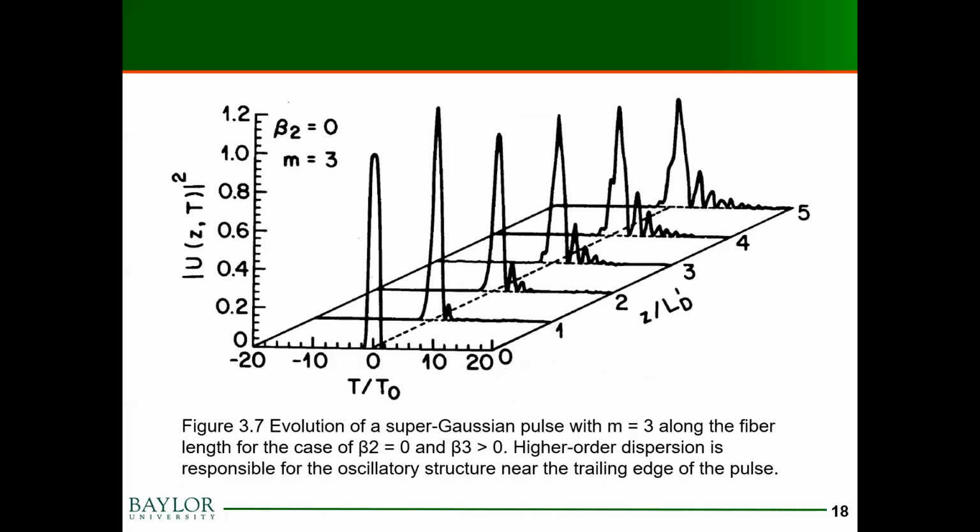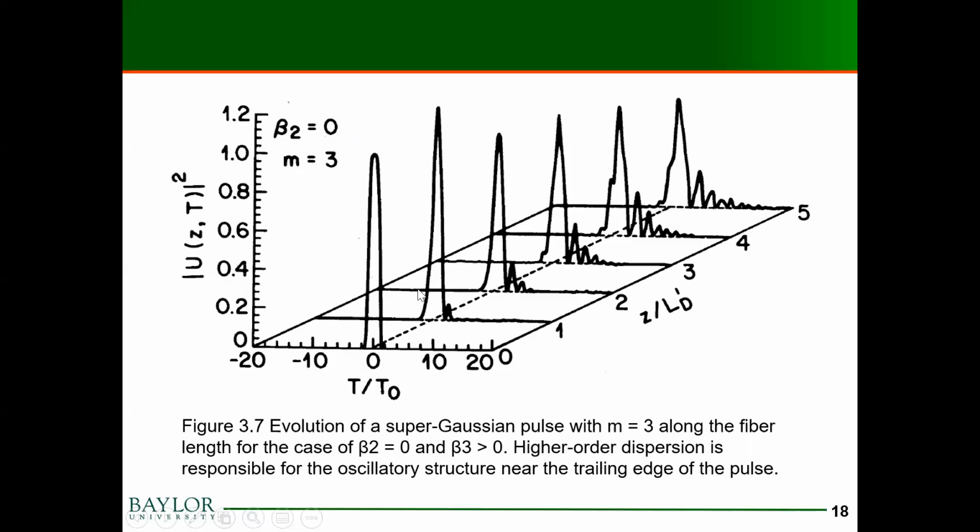Okay, so this is another picture. It's showing the evolution. This is the time, T over T naught, so you should be familiar. It's a super Gaussian, M equal to 3, beta 2 is 0, so there is no second order. The reason we set beta 2 to 0 is so we can clearly see the third order dispersion, without being impacted by second order dispersion.